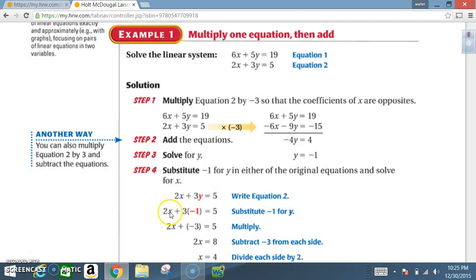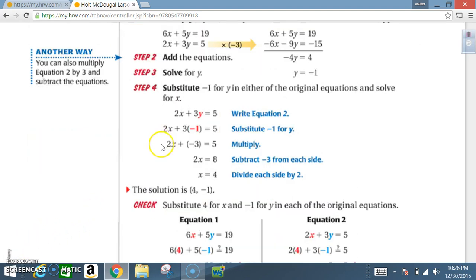So we got 2x plus 3 times a negative 1, because y was determined to be a negative 1, and that's equal to 5. 3 times a negative 1 is negative 3. 2x plus negative 3 is equal to 5. So now we're trying to solve for x. Keep in mind, we're trying to get x by itself.